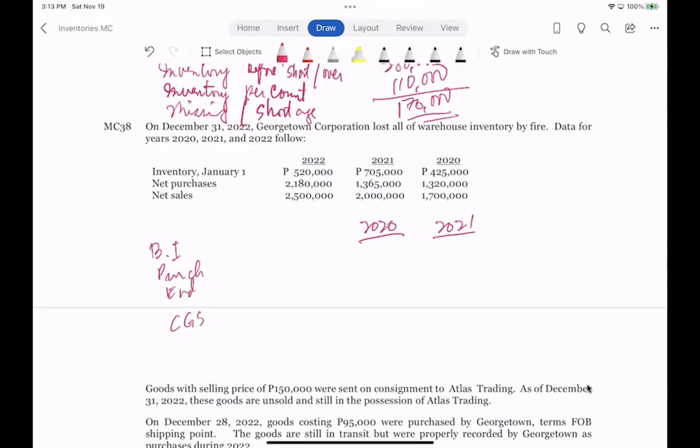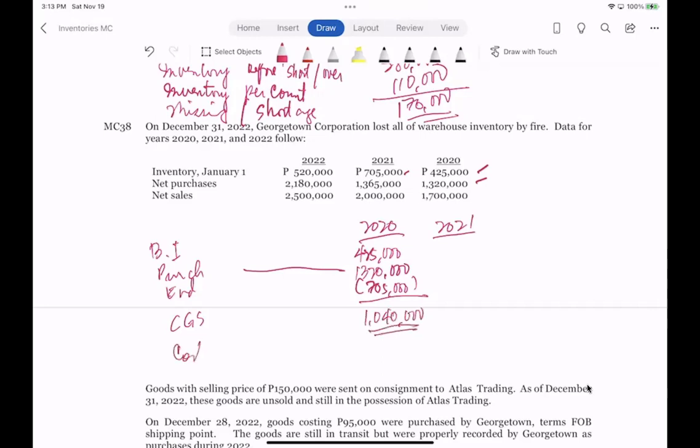Okay, so for 2020, beginning inventory is 425. Purchases during the year amounted to 1320. Deduct ending inventory, so that will be 705. So our cost of goods sold, 425 plus 1320 minus 705 is 1,040,000.